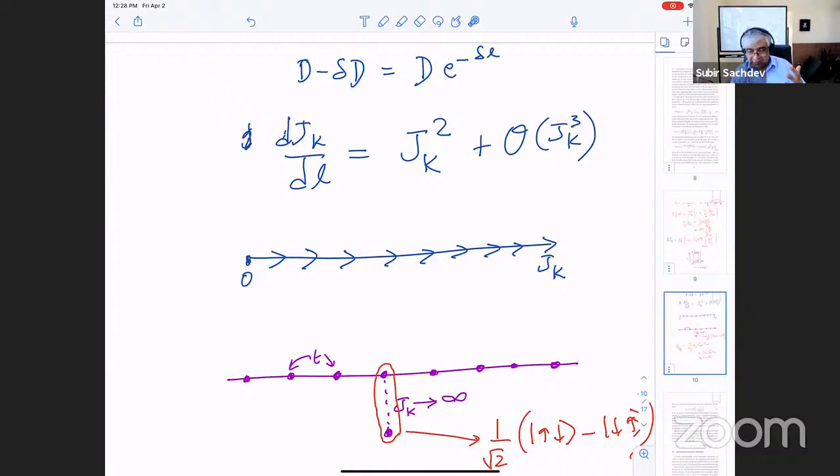So if you take the SU(3) gauge theory that describes confinement, interaction between quarks, just pure gauge theory, it has a gauge coupling constant G, and the RG equation for the gauge coupling constant is exactly this equation with some coefficient here that's slightly different.